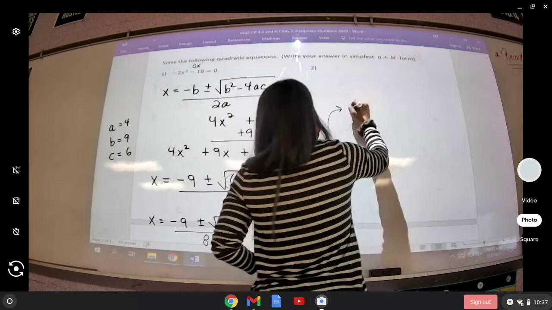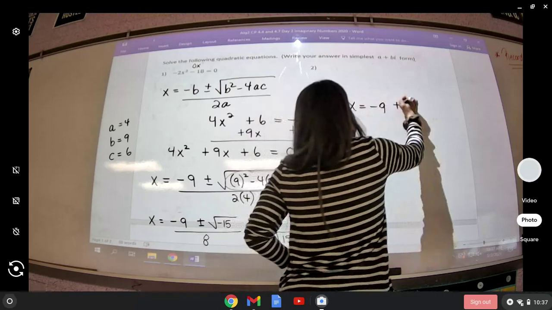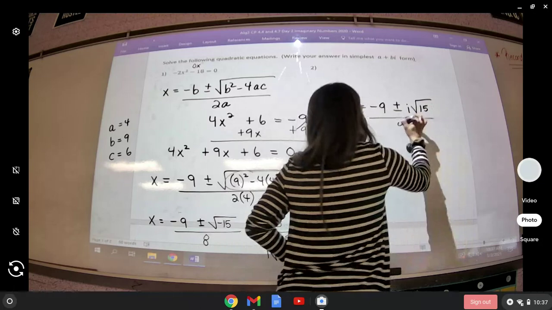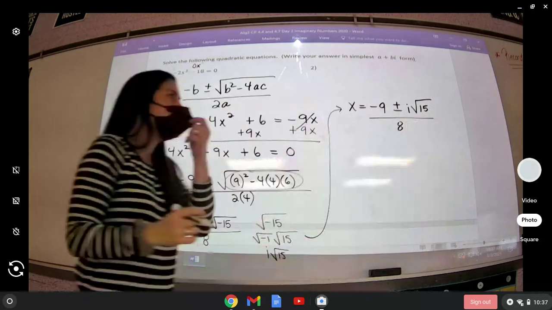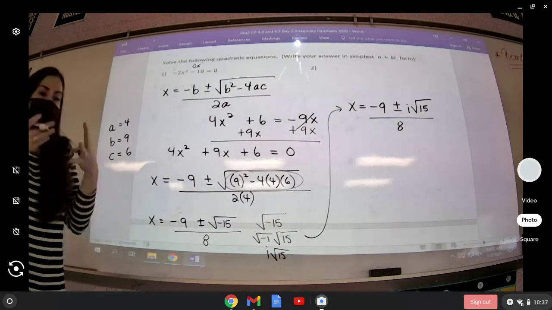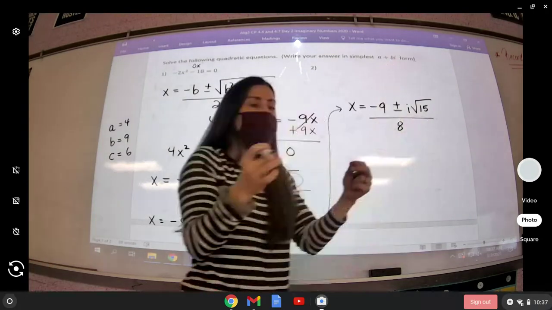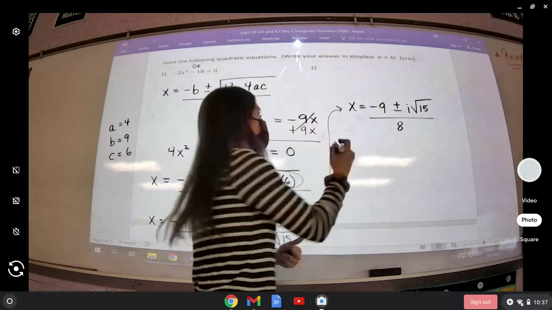So now we're going to get x equals negative 9 plus or minus i times the square root of 15, all divided by 8. There's really nothing for us to do, but now we have to split it. We have to create this a plus bi form and see if I can reduce anything.